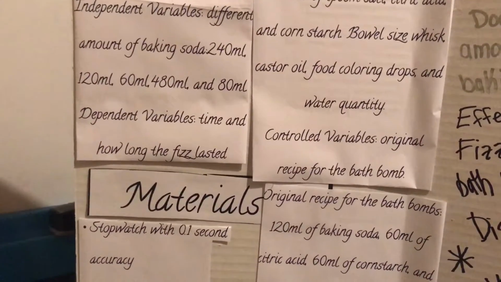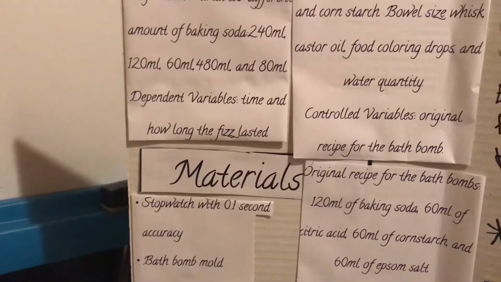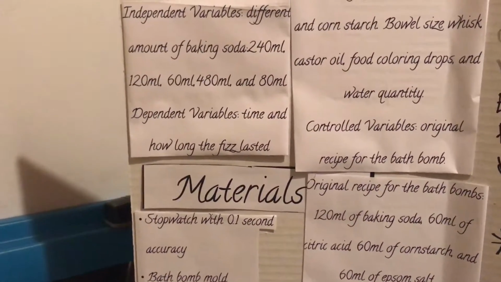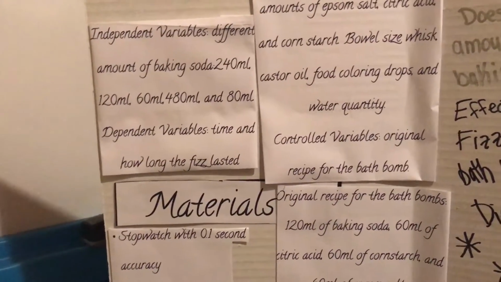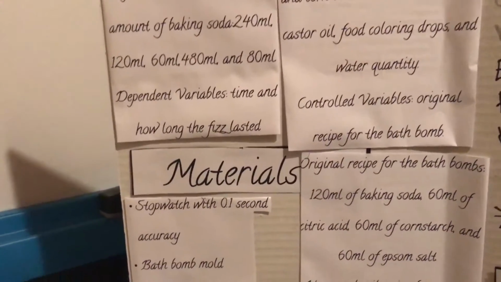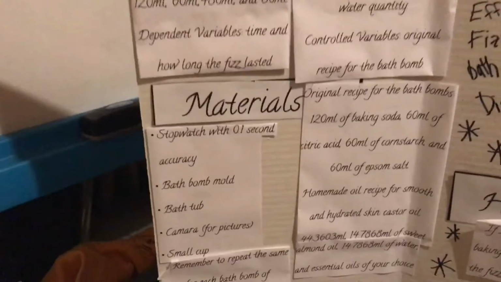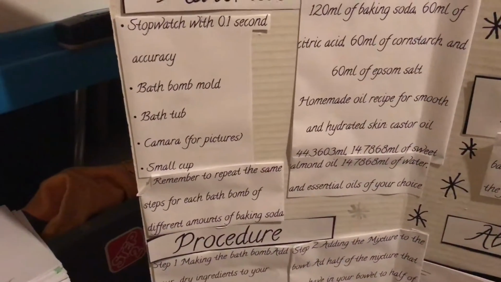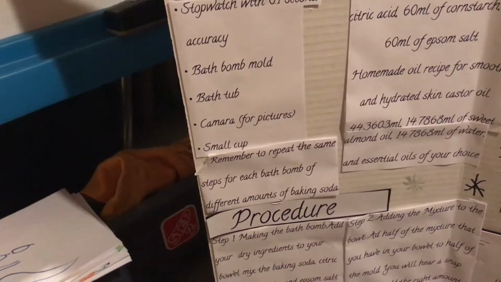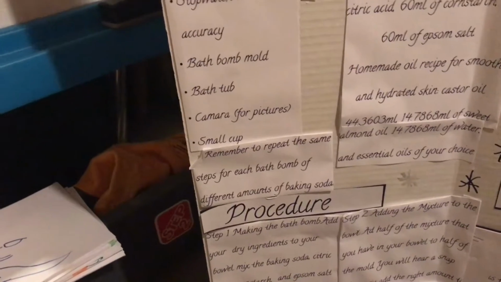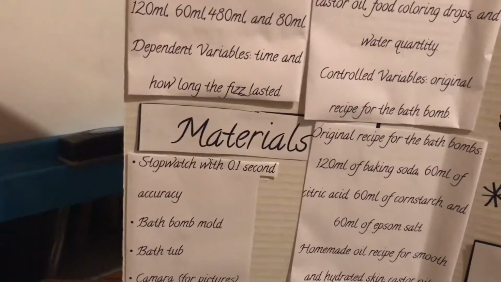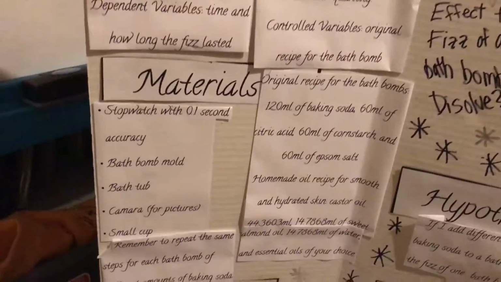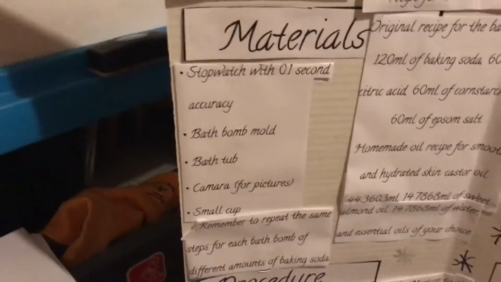This was my personal oil that I add into my bath bombs, and it contains castor oil, sweet almond oil, water, and essential oils. And you really want to check the ingredients on the essential oils if you're allergic, because they are used for other reasons besides just giving a scent.